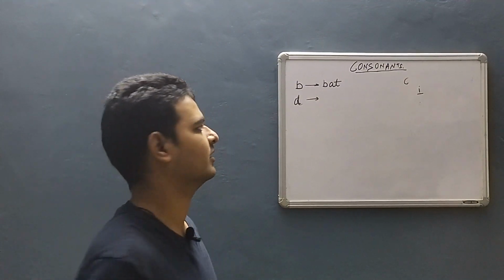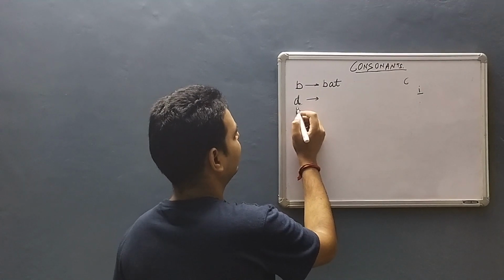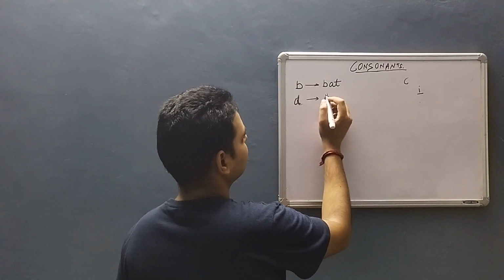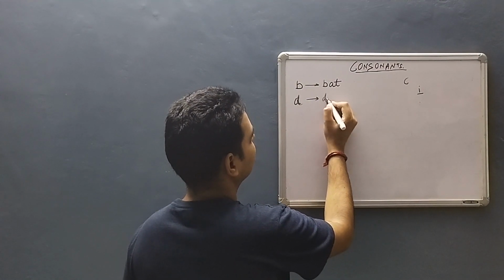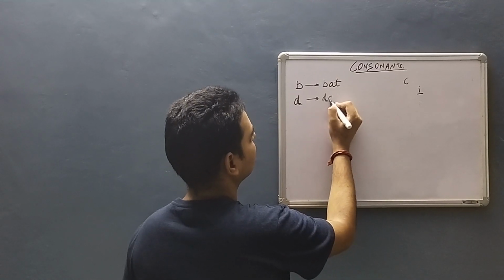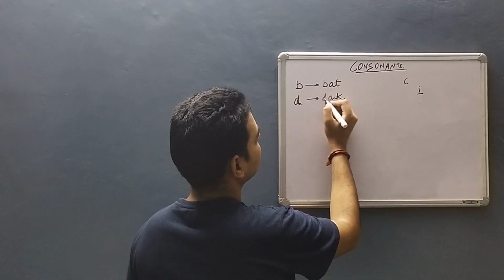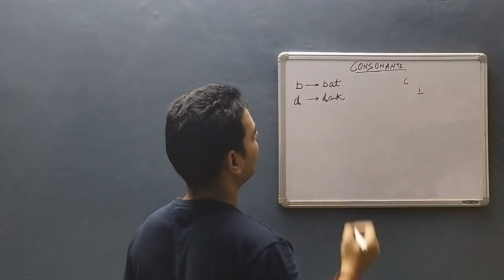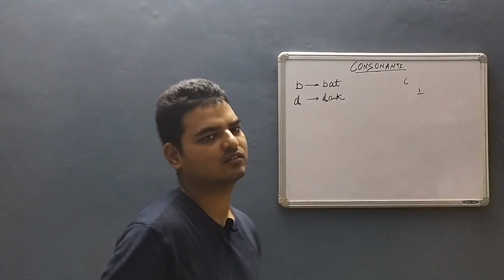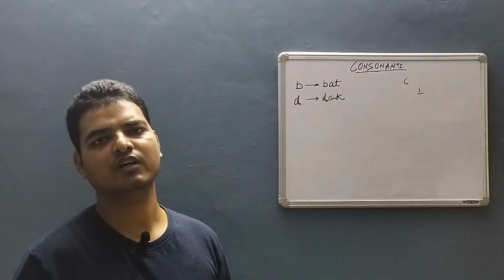Now the second consonant is D. We can understand D as in dark. It is the D sound.